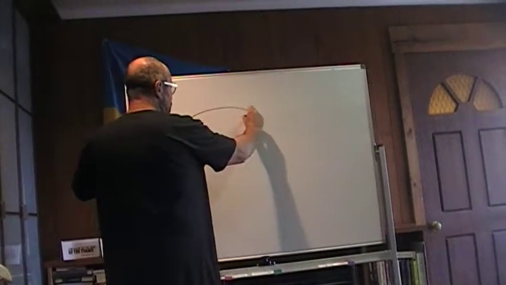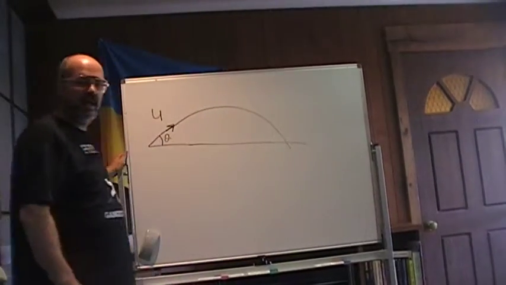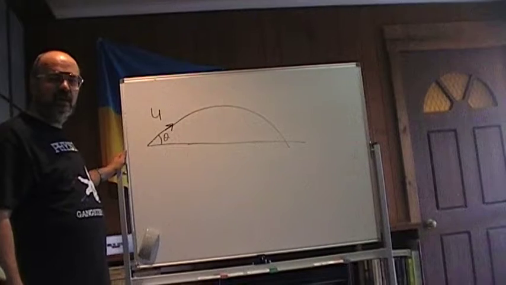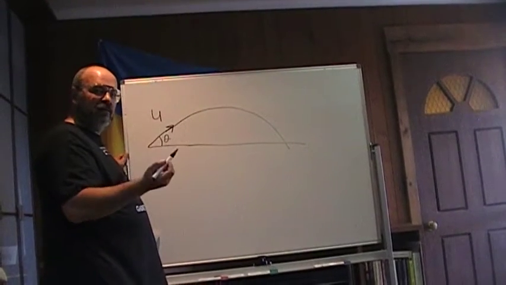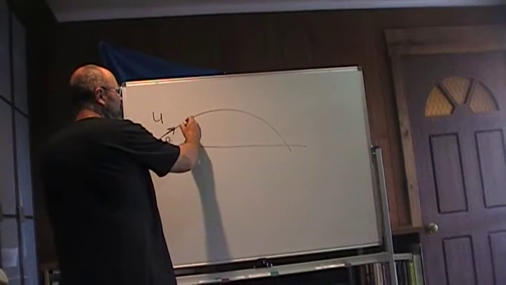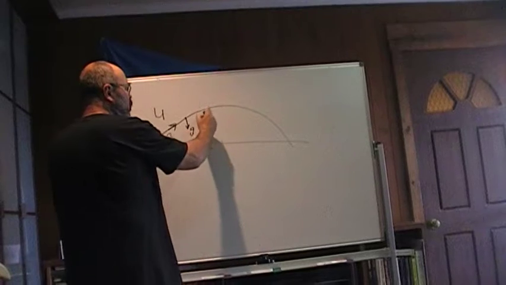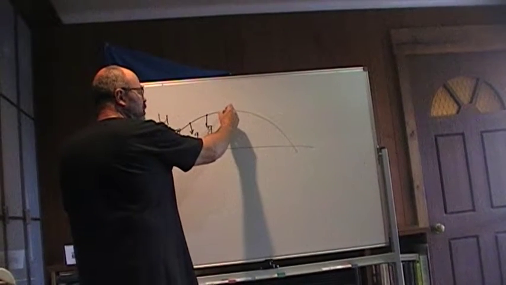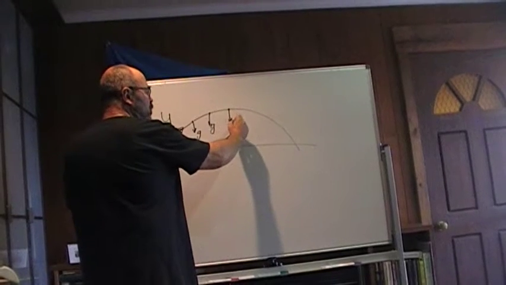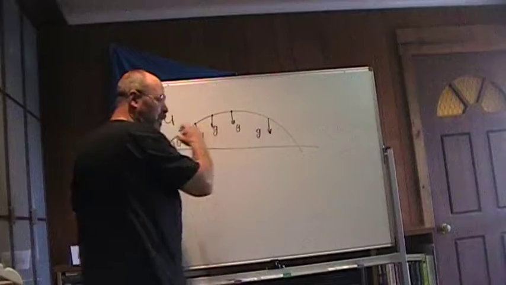When it's in the air, the only force acting on it is gravity. So its acceleration will be vertically down, will be g at this point, g at this point, g at this point.